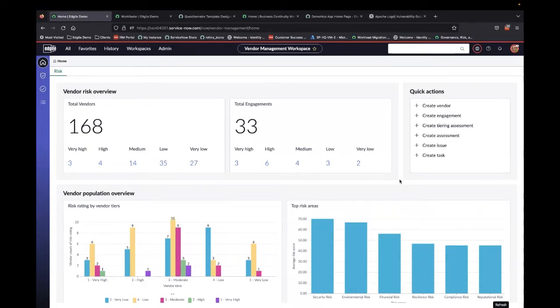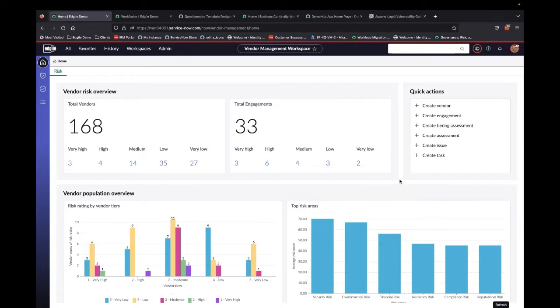But then as we're running and managing this program, as we're identifying issues, we need to think about, if we have an event like Log4j or the SolarWinds breach, for example, let's make sure that we're reaching out to those vendors. Let's send them an assessment and ask very targeted questions.